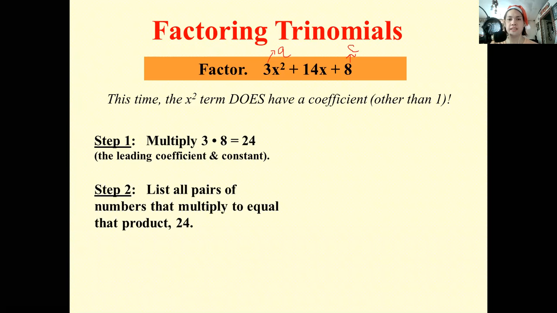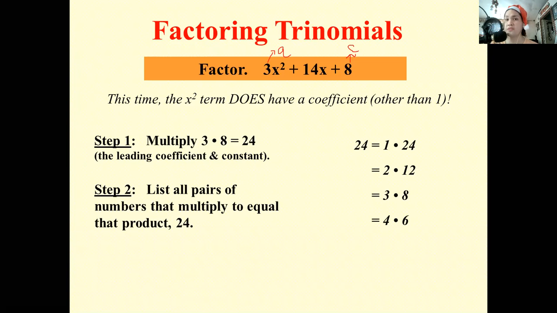Next, we are going to list all the factors of the product of your AC, which is 24. So find the factors of 24, same as how we did it in method 1. The factors of 24 are 1 and 24, 2 and 12, 3 and 8, and 4 and 6.